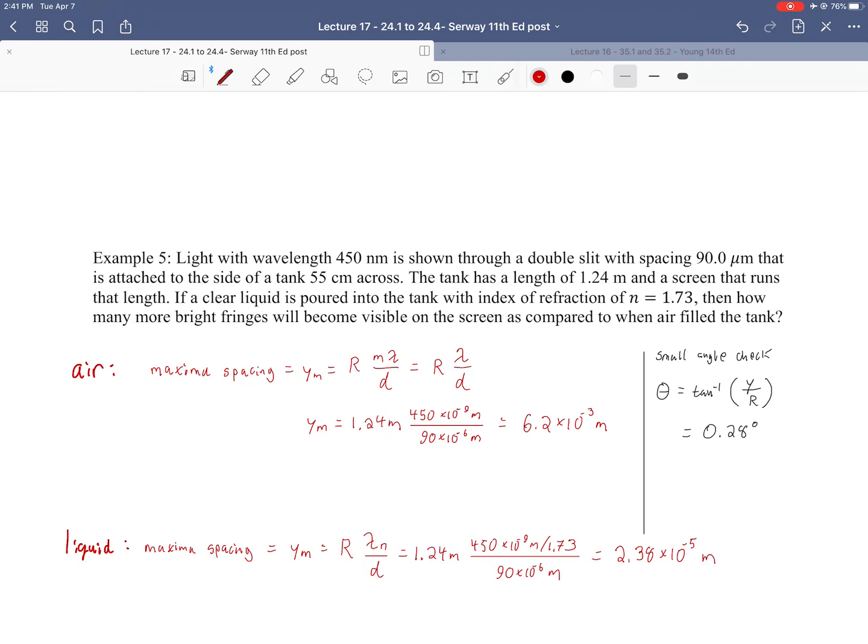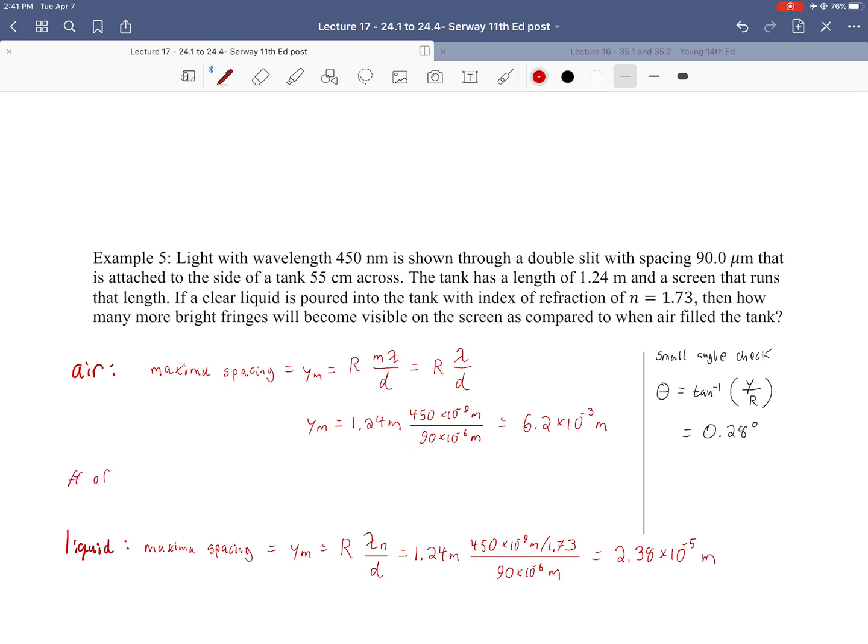So let's see. I could find the highest order m that fits, right? But here, what I did was find the spacing between any two ones. So I think that's a good idea, because we could just take the overall spacing of the screen, divide, and then round.